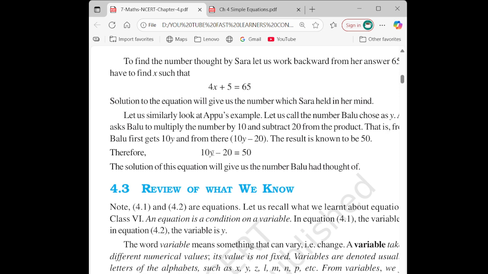Now let me ask you a riddle. Think about it properly and calculate properly. Think of a number in your mind. It should be between 1 to 10. Take a small number so you can multiply it properly and divide it also. Multiply that number by 2, then add 10 to it.